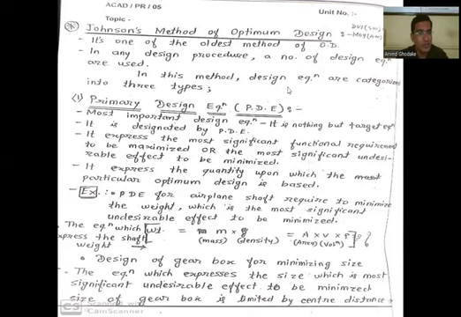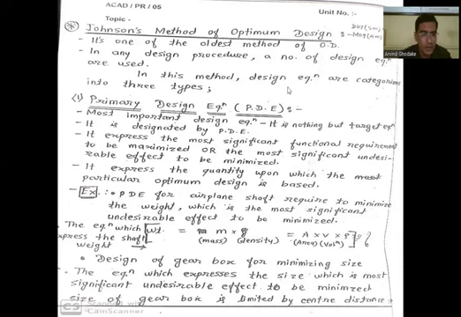This equation is called the primary design equation. The weight of the shaft can be represented in terms of mass and density, that is, mass represented as area into length and density of the material, into acceleration due to gravity, that is 9.81 meter per second squared.